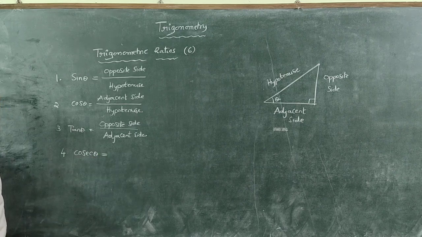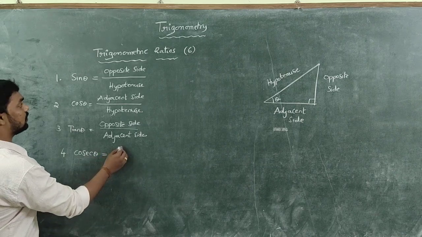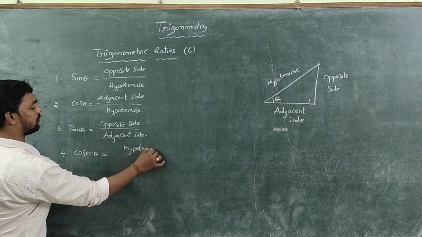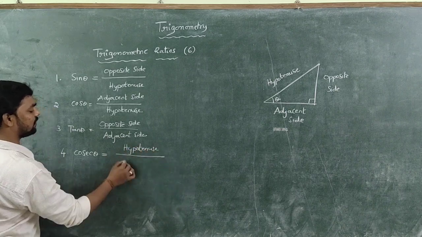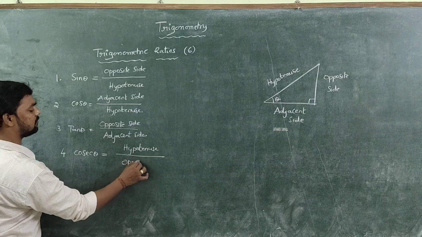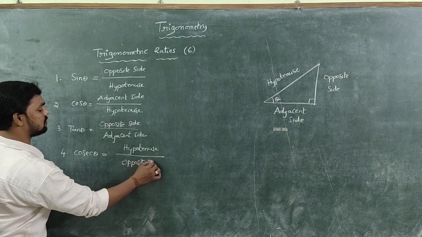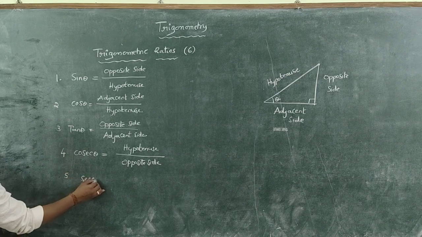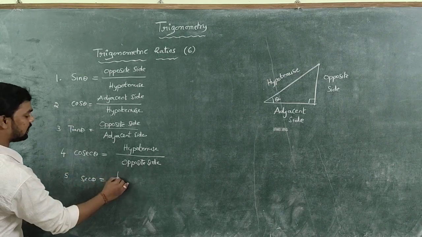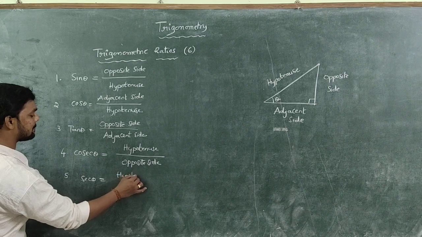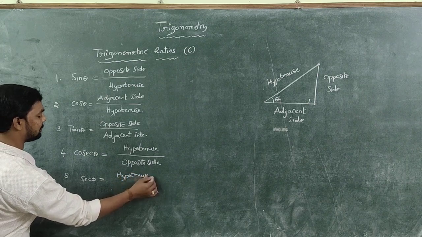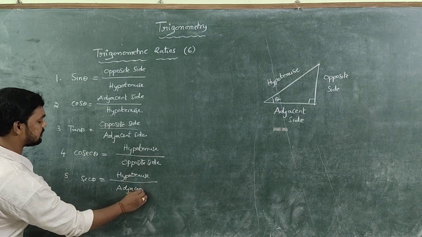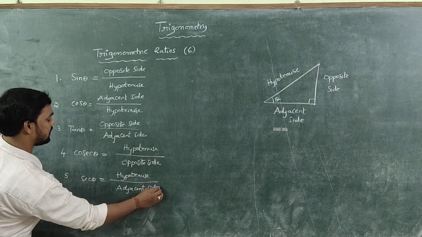Cosec theta is equals to hypotenuse by opposite side. Sec theta is hypotenuse by adjacent side.